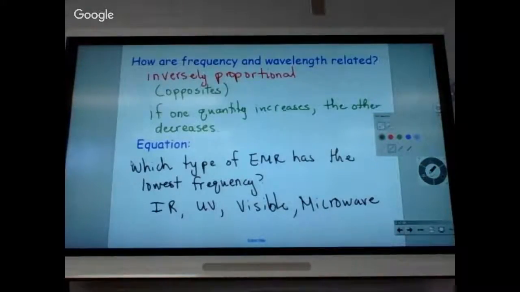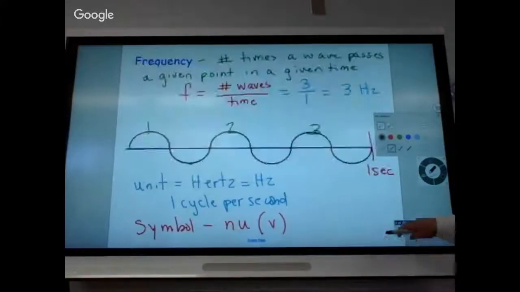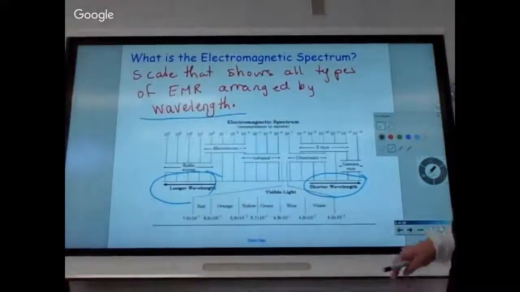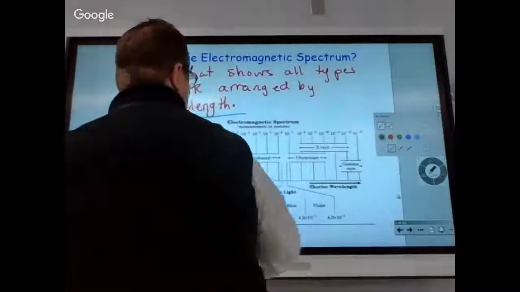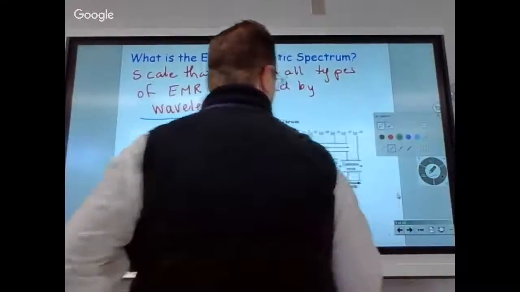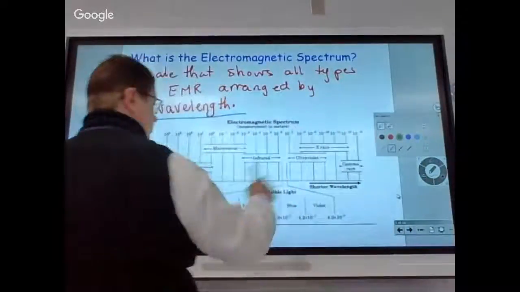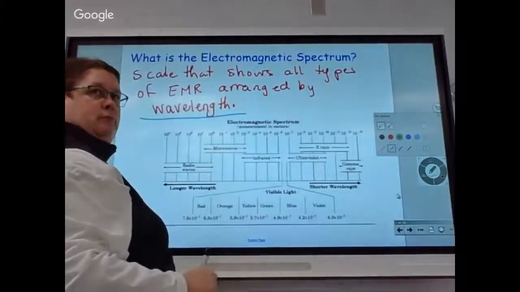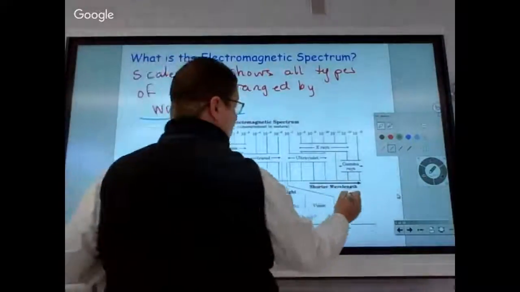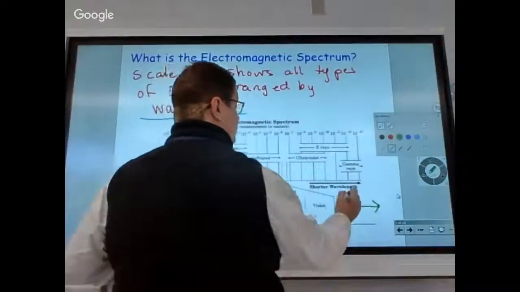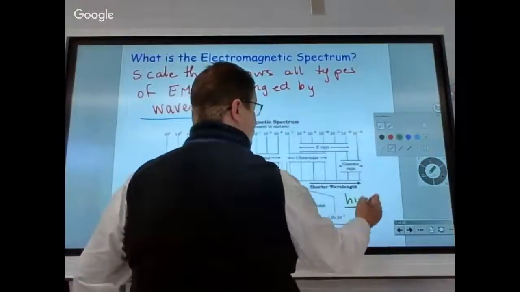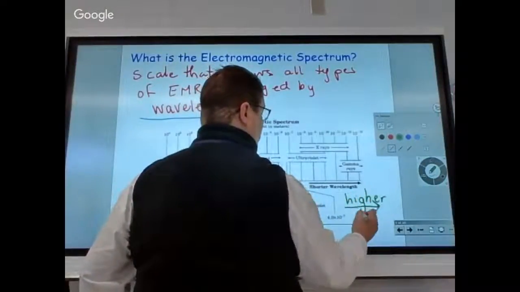When you look at your blue chart, what do you know about wavelength? Shorter wavelength means a higher frequency. Do not write this on your blue chart.